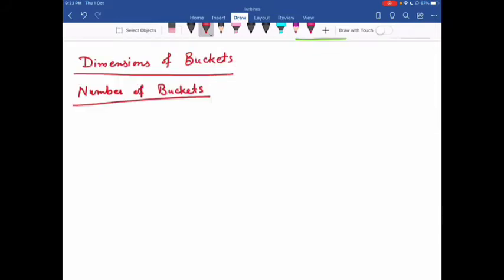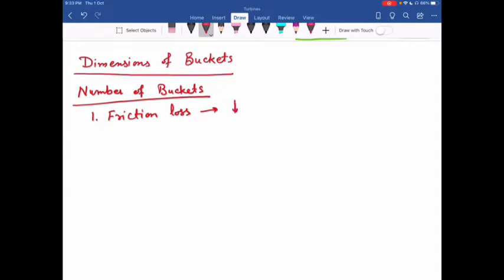The next is the number of buckets. For the number of buckets, we have some deciding factors. One is the frictional loss. This loss, as we all know, must be on the minimum side.